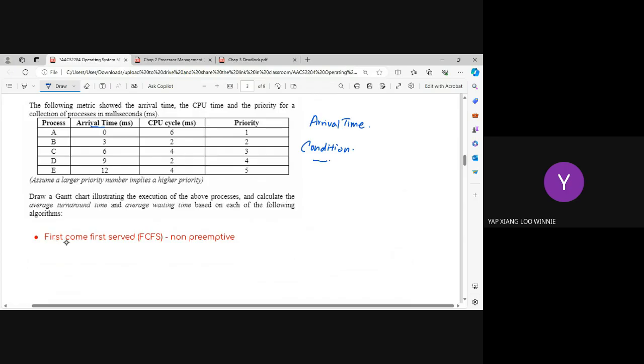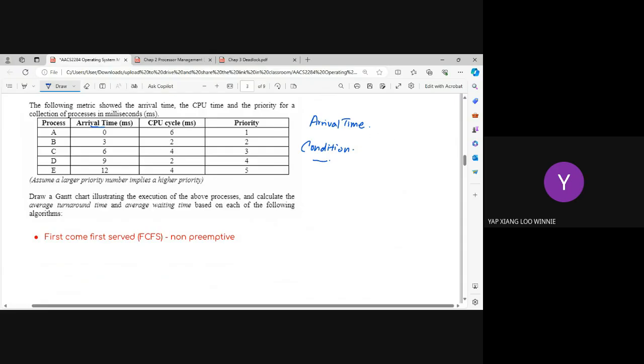If we say first come first serve, it means whoever comes first, we let the CPU process that first. At 0 milliseconds A comes first, and at the third millisecond B comes. So with first come first serve, arrival time of A is 0, so definitely we process A first, followed by B, C, D, and E. Just go like that.